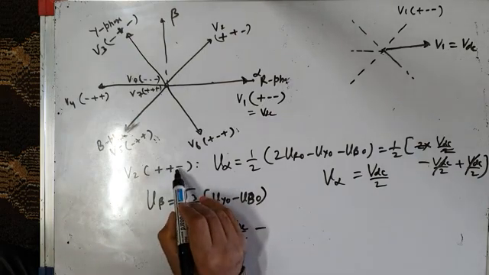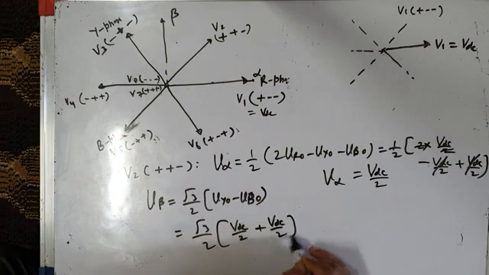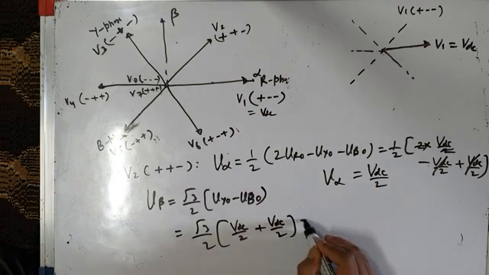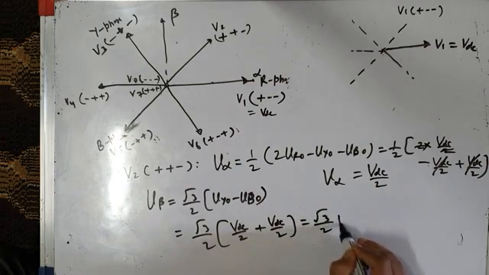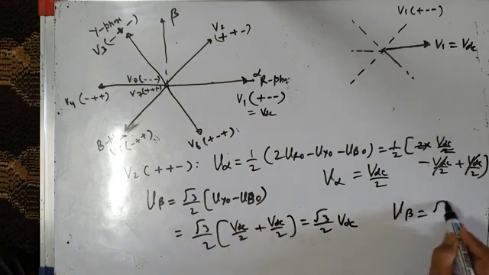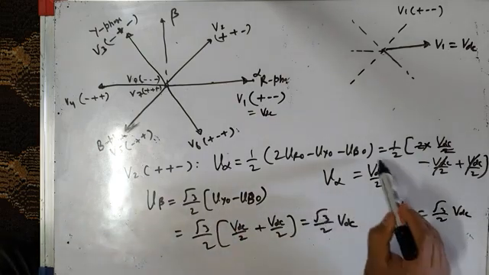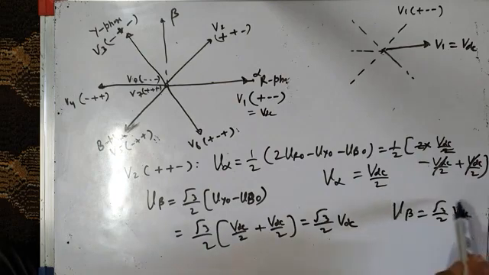Minus VBO. B's bottom switch is on, its pole voltage is minus VDC by 2. Minus into minus is plus VDC by 2. So what is VDC by 2 plus VDC by 2? That's VDC, so that's root 3 by 2 VDC. So V beta is equal to root 3 by 2 VDC. So this second switching state will give alpha component VDC by 2 and beta voltage component root 3 by 2 VDC.